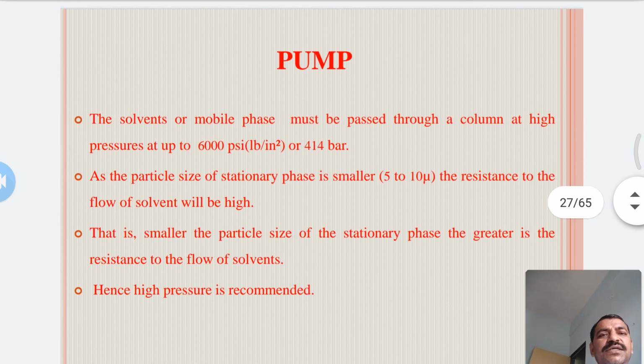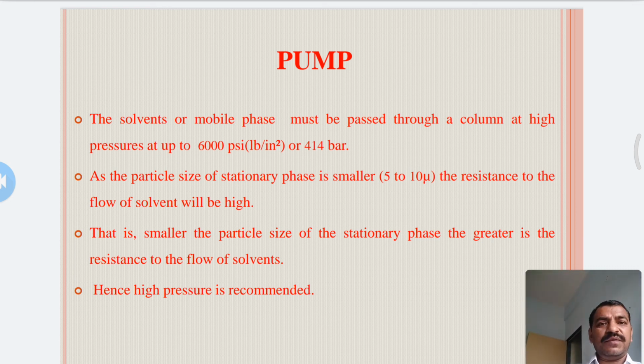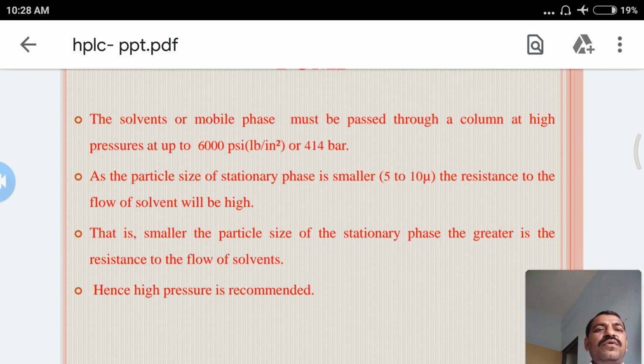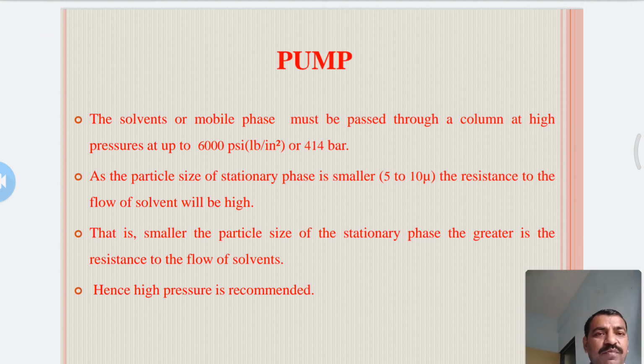Next is the pump system. Many pump systems are used. About 3 to 4 pumps are used in this HPLC instrument, and the pump capacity maintains a pressure of about 3000 to 6000 psi, near about 414 bar.